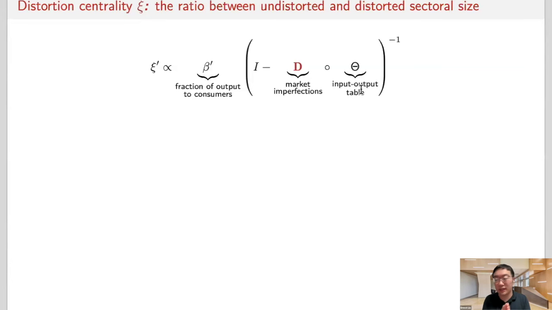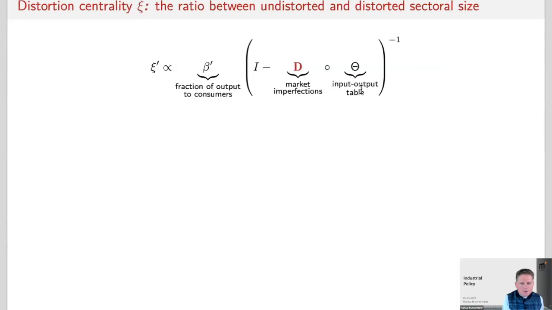In that context, we can derive a measure, what I call distortion centrality, which measures the ratio between how large a sector should be versus how large a sector actually is in equilibrium. And this gap, this ratio, the distortion centrality, basically captures where the policy should intervene, should spend the first dollar. So this notion of distortion centrality is a scalar per sector and has several intuitive properties that I'll go through. Markus, you have a question?